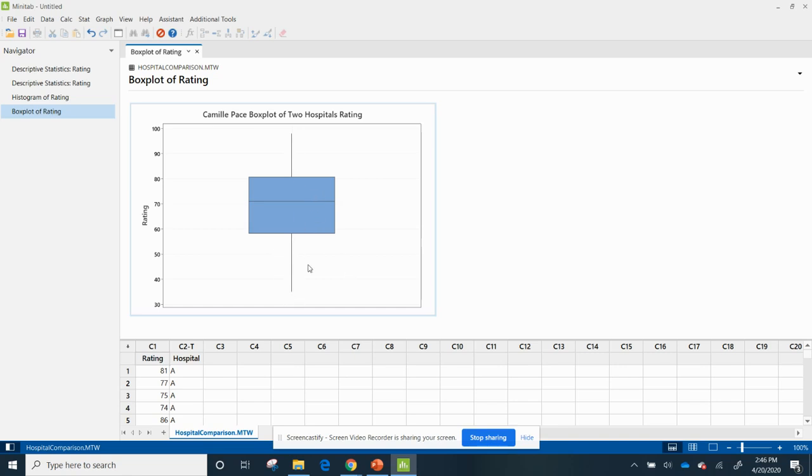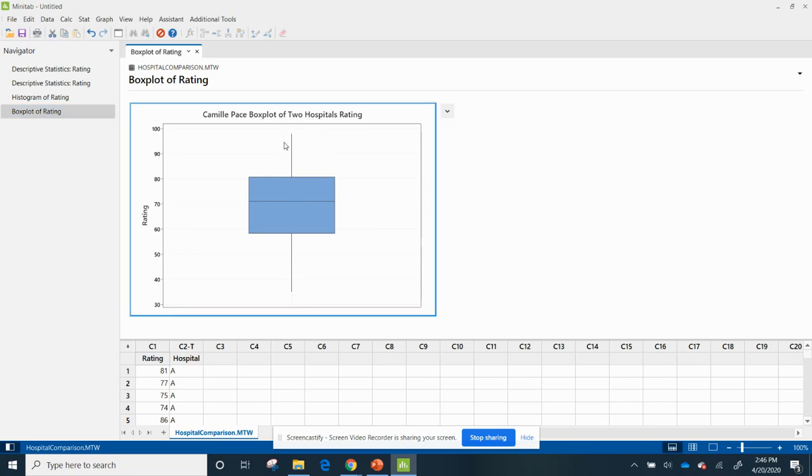I mean, here's 25% of the data. Here's 25% of the data. Here's 25% of the data. And here's 25% of the data. Did you just see that popped up? Look what it tells me. That is that 5-number summary. Or it's most of the 5-number summary.